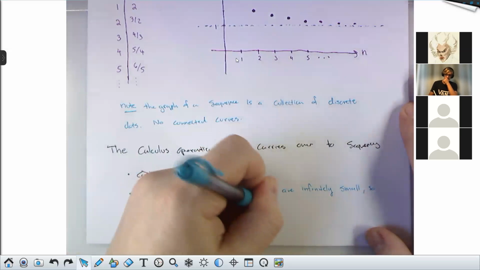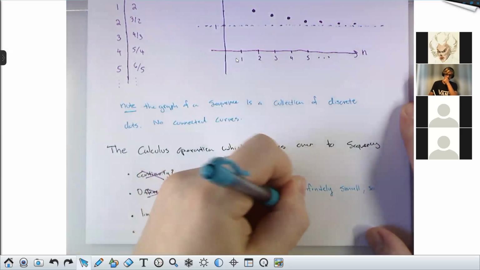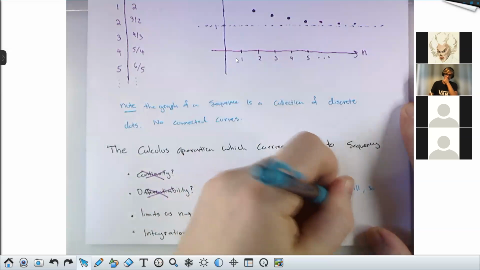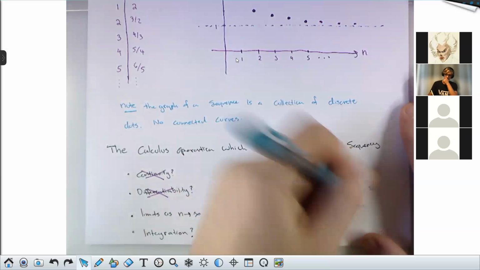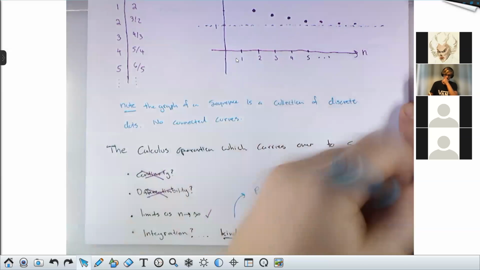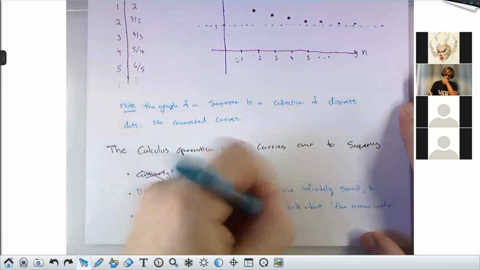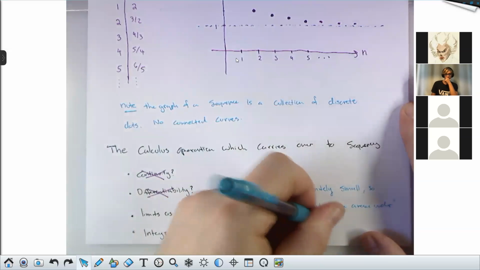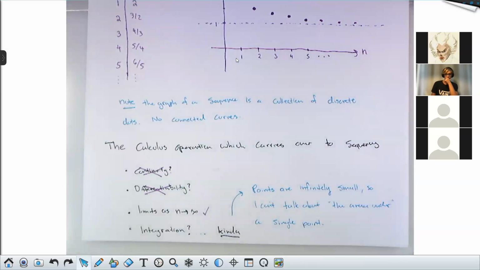So I can't talk about the area under a single point. So yeah, definite integrals are going to be the thing here, but we're going to have to conceive of them quite differently because there's no way to say, what's the area under this point?